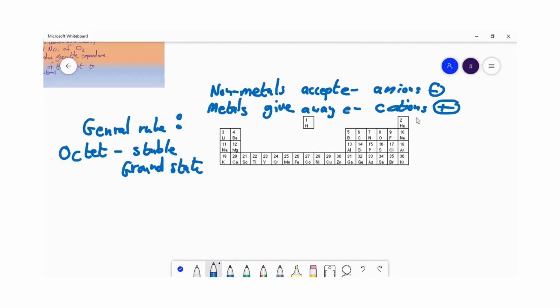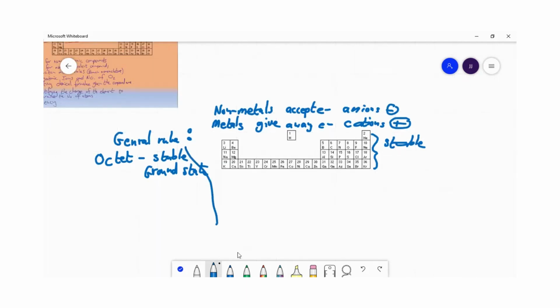As we know from our noble gases in the periodic table, they have their octet, or their outer orbitals filled with electrons, so that makes them very stable and unreactive, right?